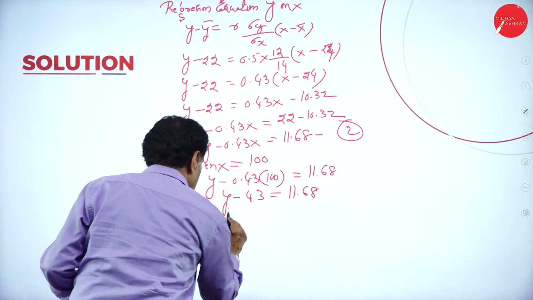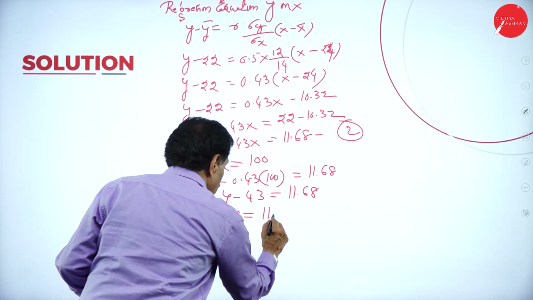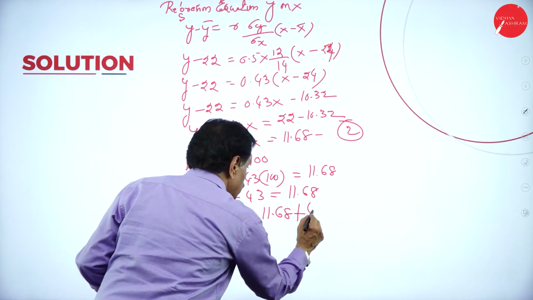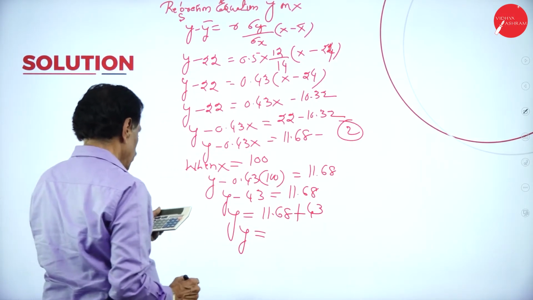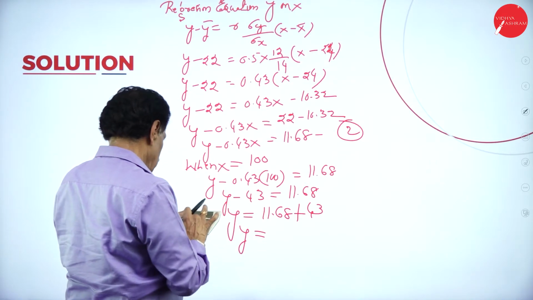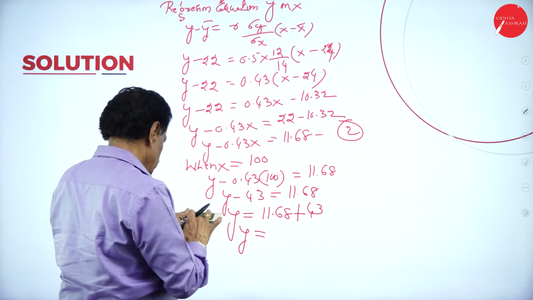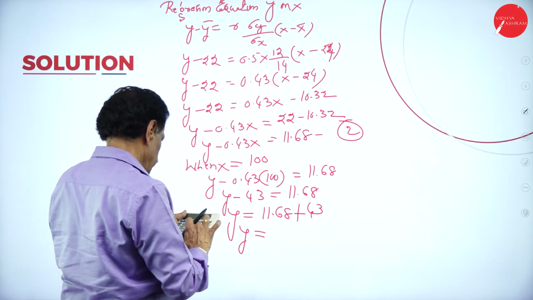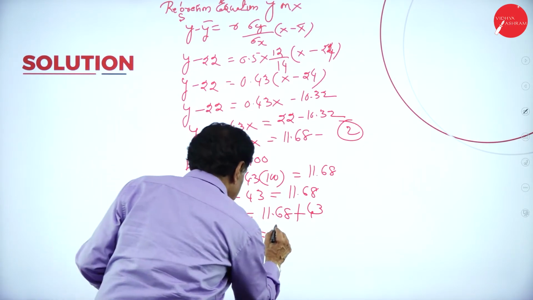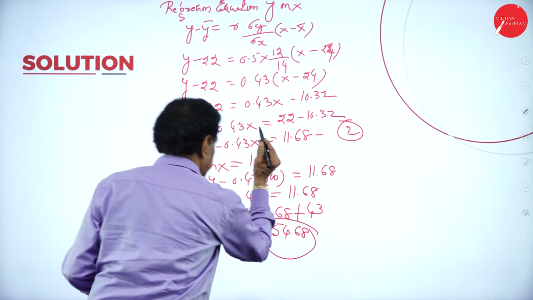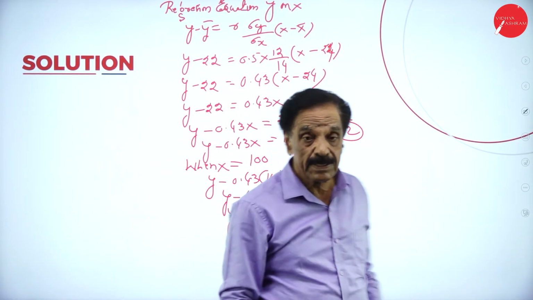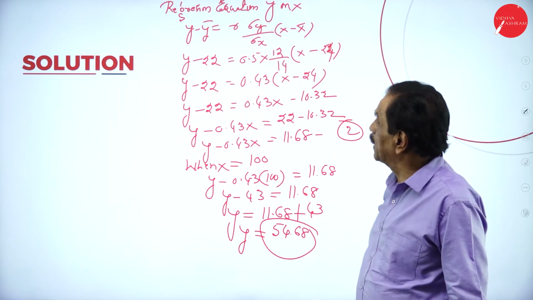You take that number: y is equal to 11.68 plus 43. Y is equal to 54.68. So that's the answer. All the problems are solved in the same way.